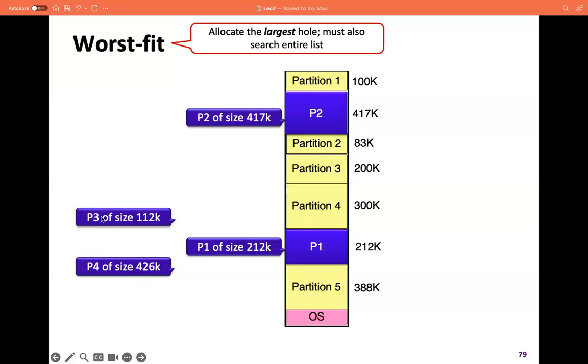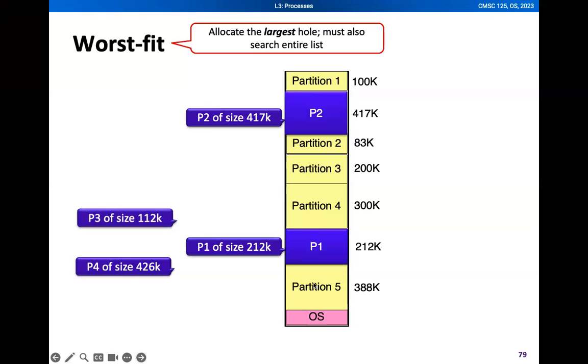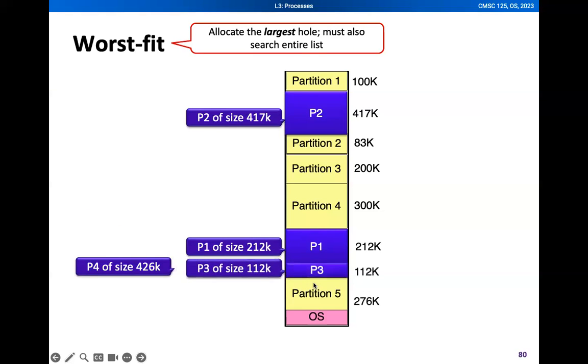And for P3 next of size 112K, we are going to put that in the next largest. The largest available hole here is partition 5. So we are going to put P3 in there, and we'll be left with 276K.